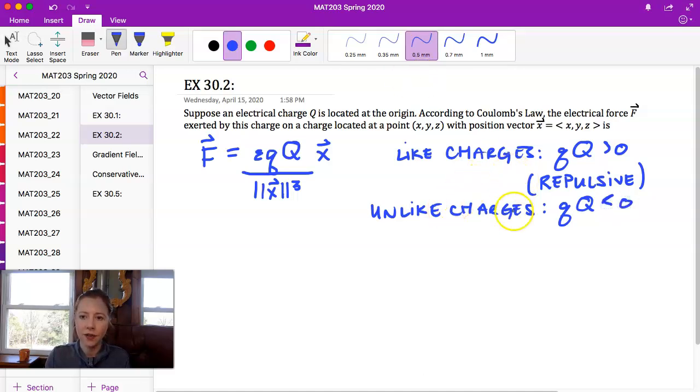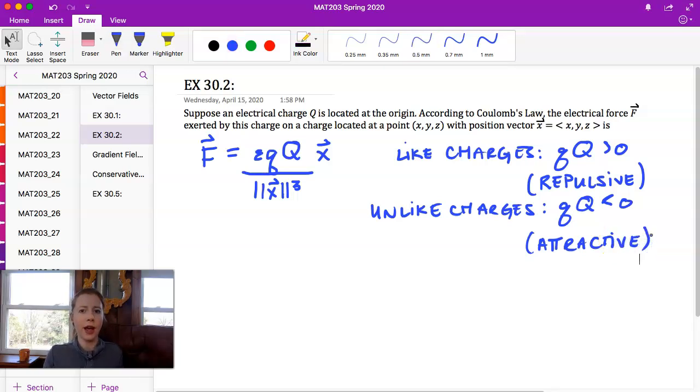So it'll be negative, and those would be attractive forces. So if you have two charges that are different, say like the north side of a magnet compared to the south side, then when you put those together, they attract. If you have a north with a north, a like with a like, they're going to repulse, and you're going to feel that resistance, and they're going to be pushing each other away.